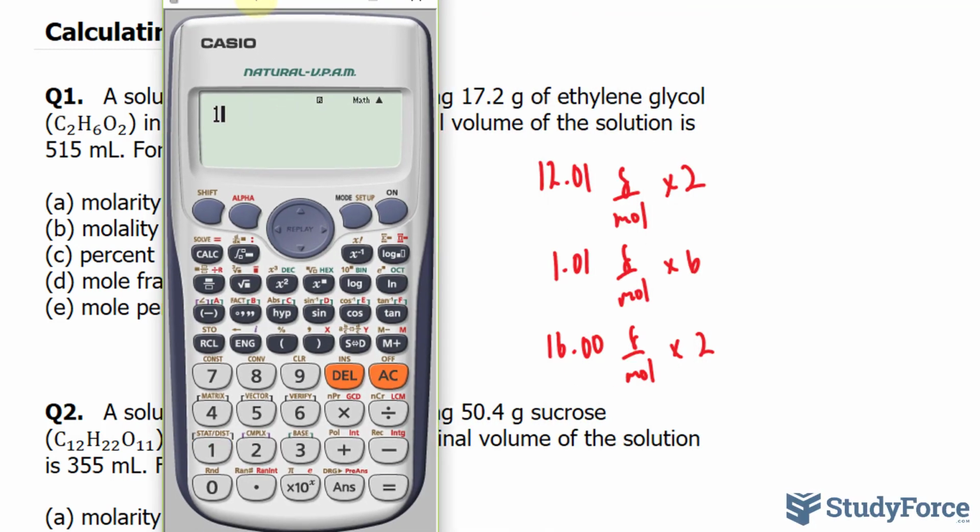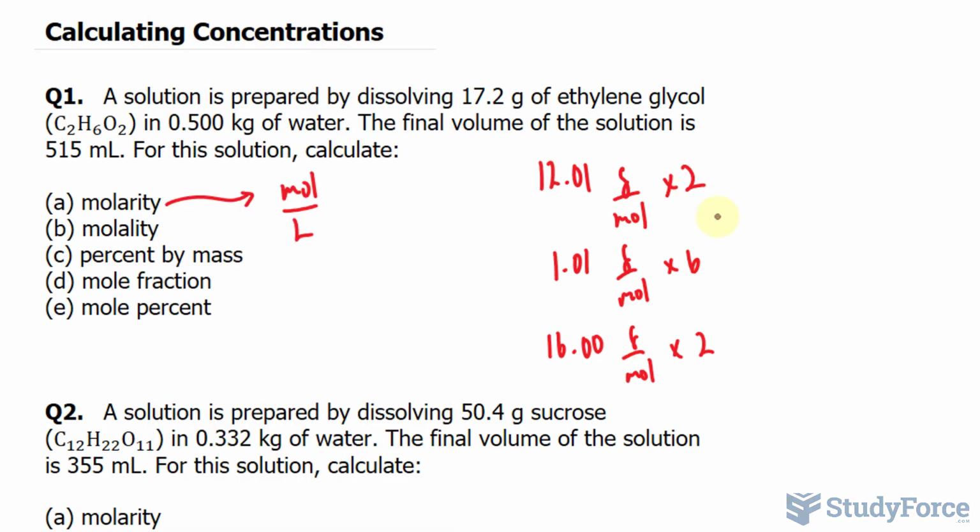We have 12.01 times 2 plus 1.01 times 6 plus 16 times 2, and we end up with 62.08. So we have 62.08 as the molar mass of this molecule.